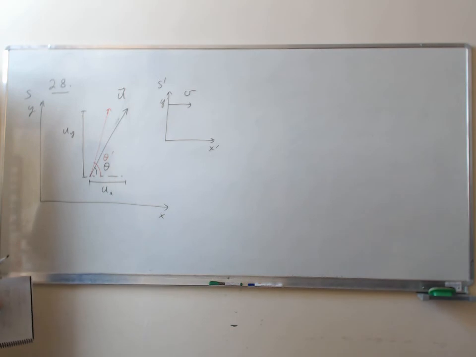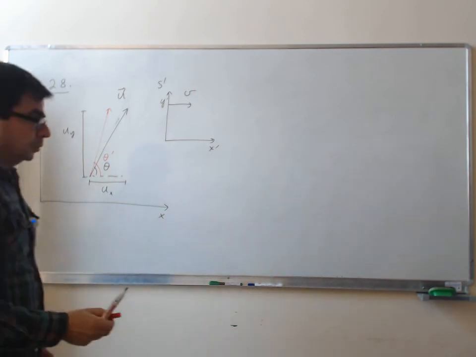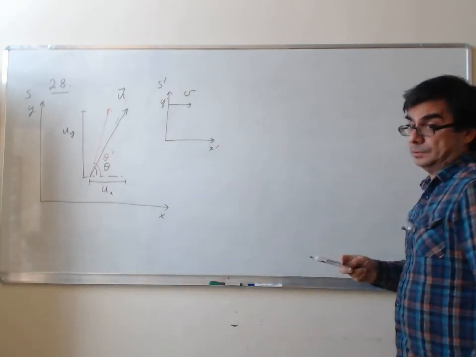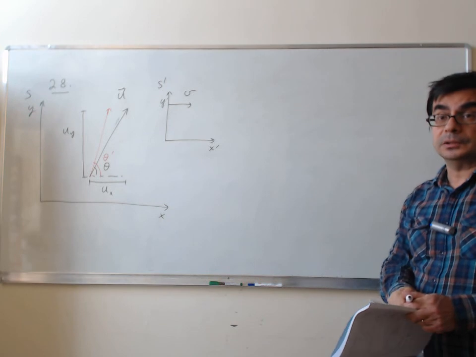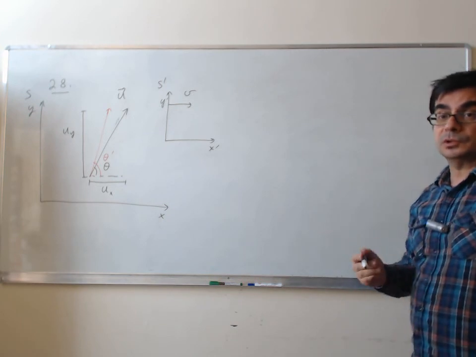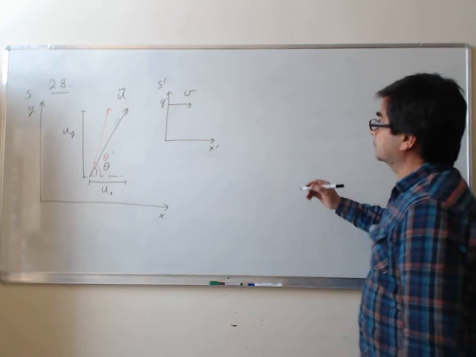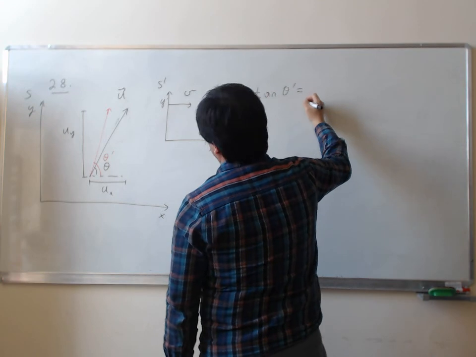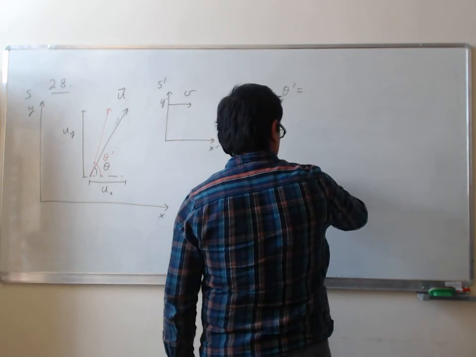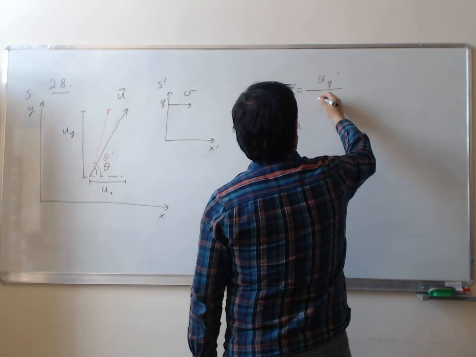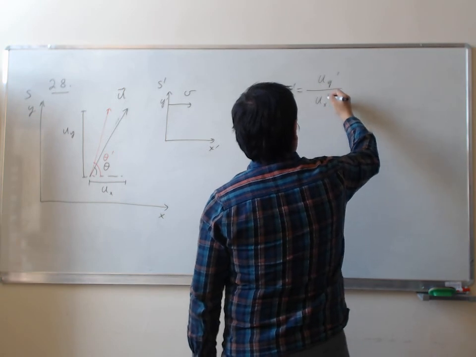Then we need to figure out what this theta prime is. In fact, what the tangent of this angle is. They're giving some expression and asking us to show that this is true. So tangent theta prime is just the y component of the primed velocity over the x component of the primed velocity.